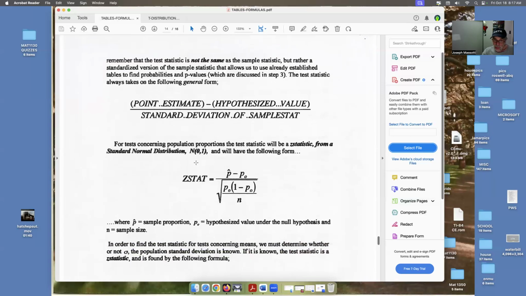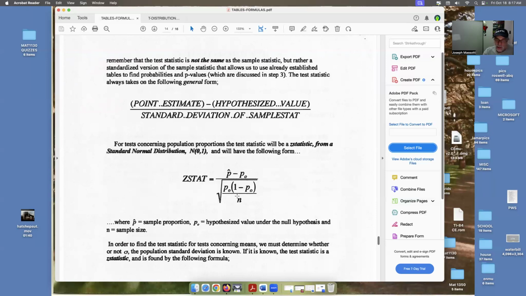For tests concerning population proportions, the test statistic will be a Z statistic, always. It's always going to be a Z statistic from a standard normal distribution, and it has this form. The Z statistic has this form: the sample proportion minus the hypothesized value over this standard error.